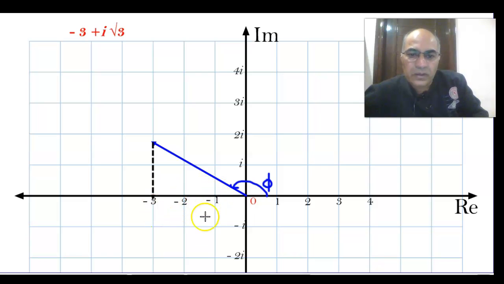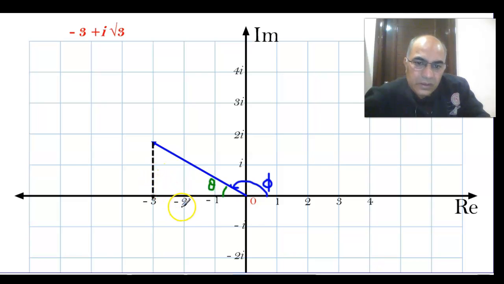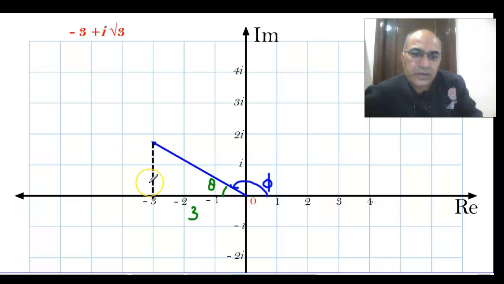Now we find this angle. Let it be theta. This measurement is 3 units and this height is root 3 units.